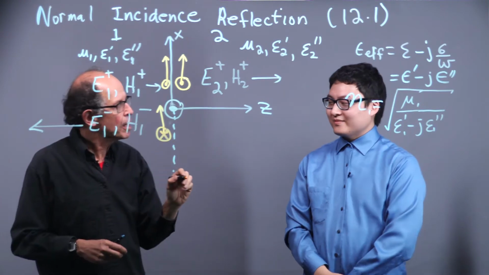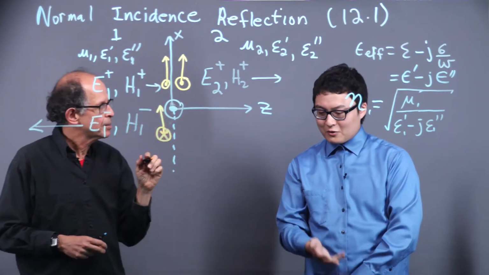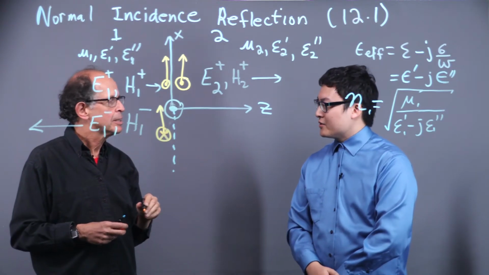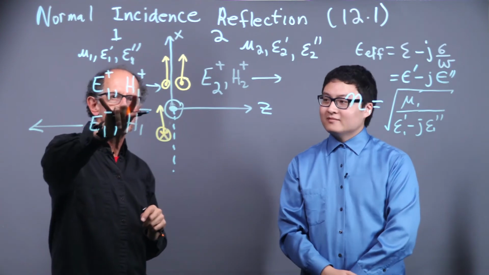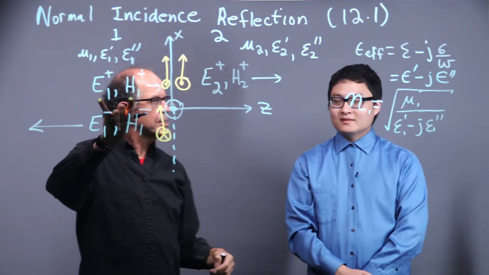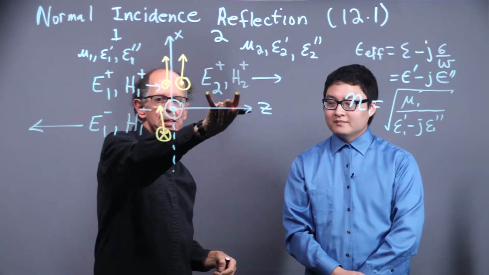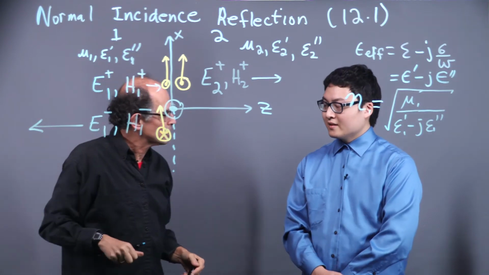So remember what that was in transmission lines? The way we did that for the current was what? Well, we add a negative sign to reverse the direction, right? So here, the ratio of E1 to H1 is given by the impedance, and the same here. But when we do the ratio for E1 minus and H1 minus, what do we get?